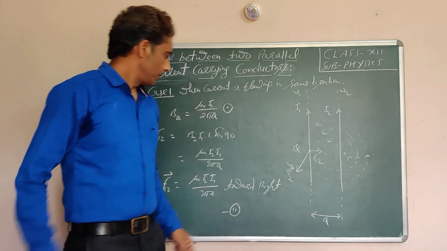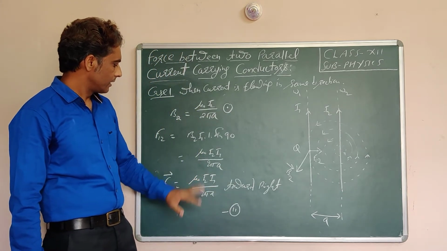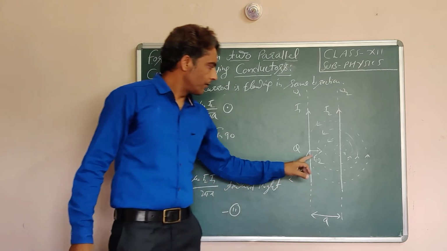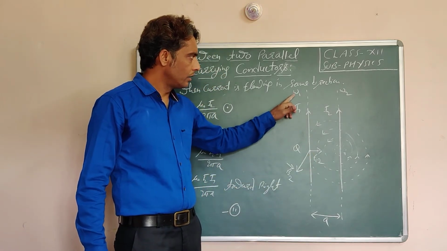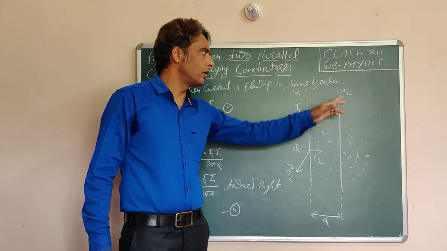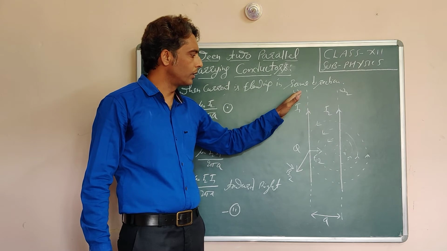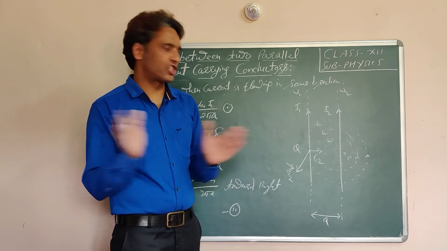Now if we see equations 1 and 2, we see that the force F21, experienced by W2 due to the magnetic field of W1, and the force F12, experienced by W1 due to the magnetic field of W2, are equal in magnitude but opposite in direction.